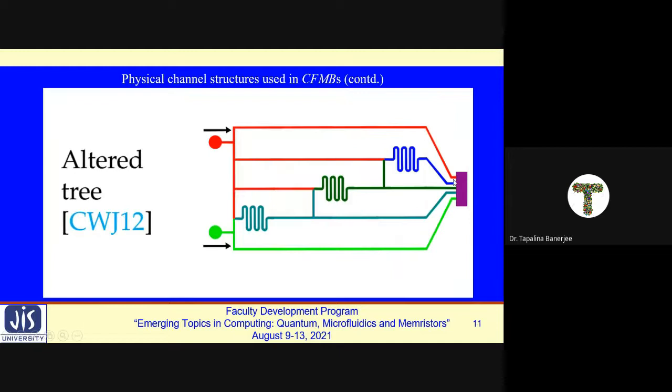Here we are going to have the same number of outputs with the same ratio of gradients, concentration ratios, but with fewer stages compared to traditional tree-shaped fluidic networks. Although the basic principle of these two designs is almost the same, they differ in splitting protocols. Both of them consume large volumes of costly samples.